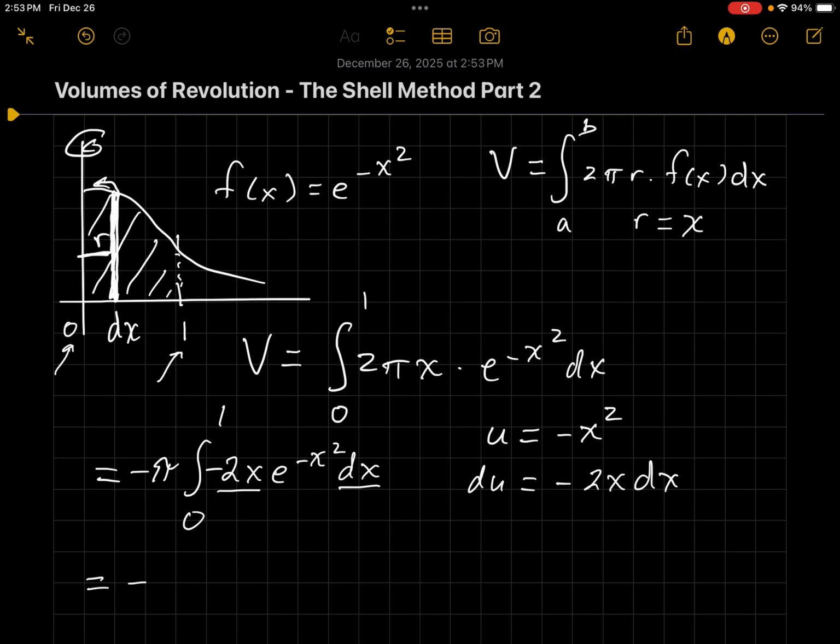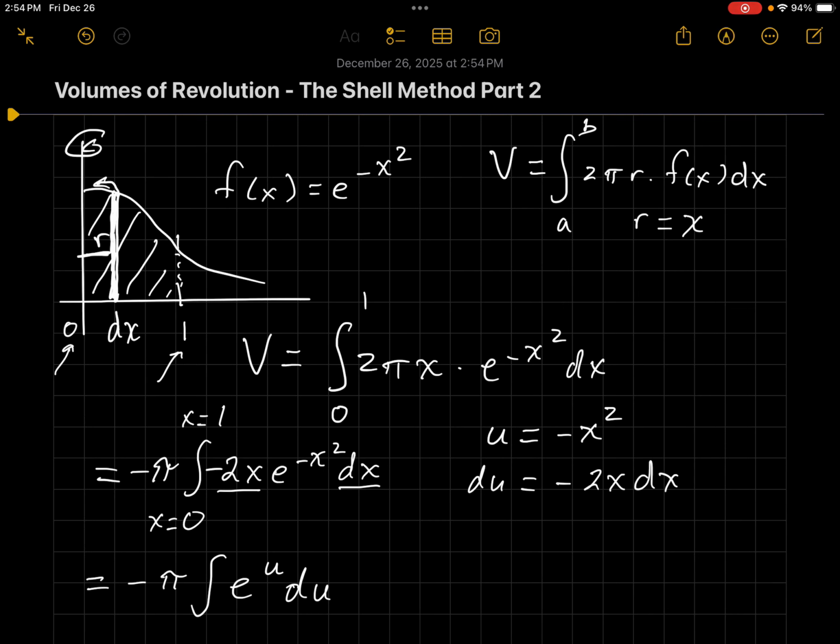Then I will rewrite the integral. Negative pi times, now e to the negative x squared becomes e to the u. Negative 2x times dx is exactly du. But don't forget to change your limits, because in the original integral, we're going from x equals 0 to x equals 1.